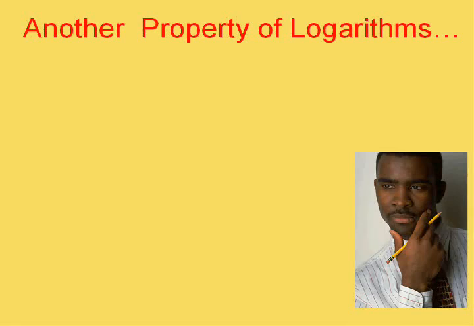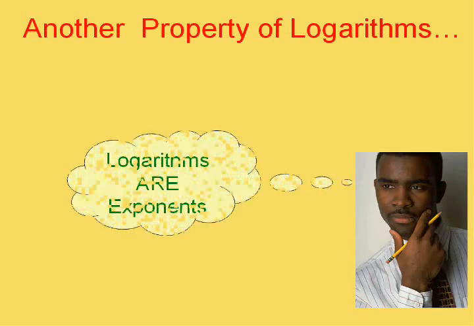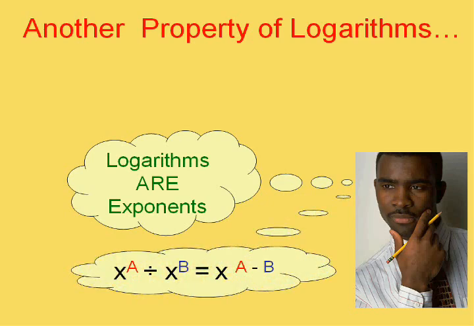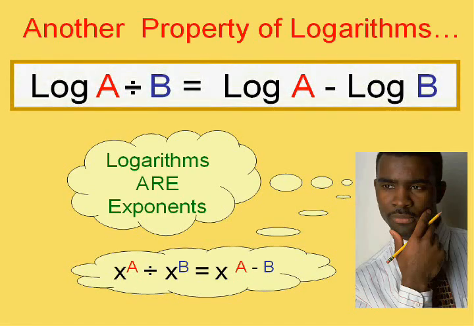Another property of logarithms, since logarithms are exponents, is that when you divide expressions with exponents, you subtract the exponents, don't you? Guess what? When you divide expressions with logarithms, you subtract the logarithms.